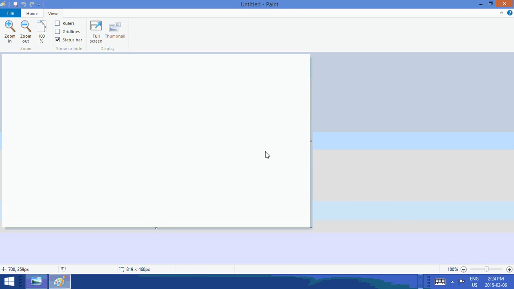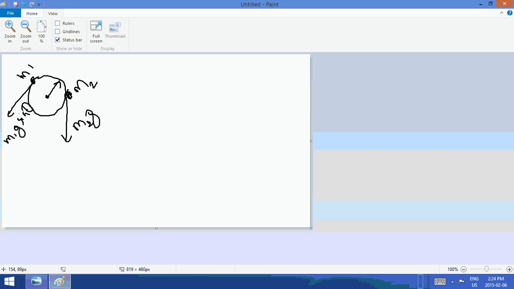So all our system becomes a mass M2, mass m1, we have a force here, m1 g sine theta, and here m2 g, and we have a radius r and a pulley of mass m.